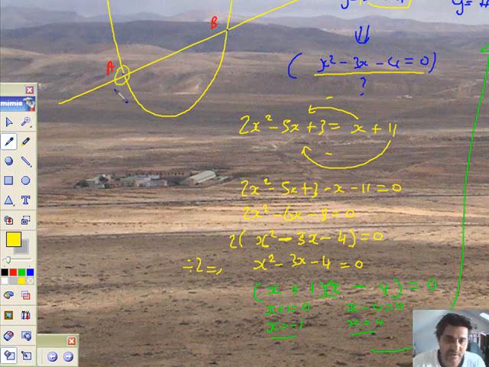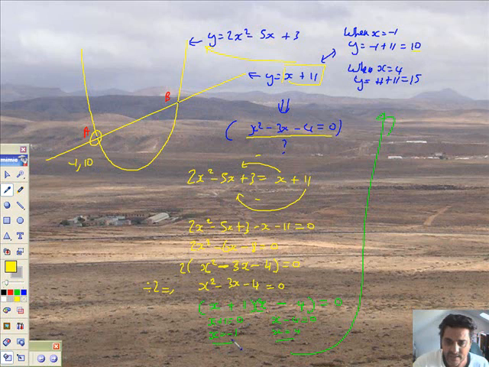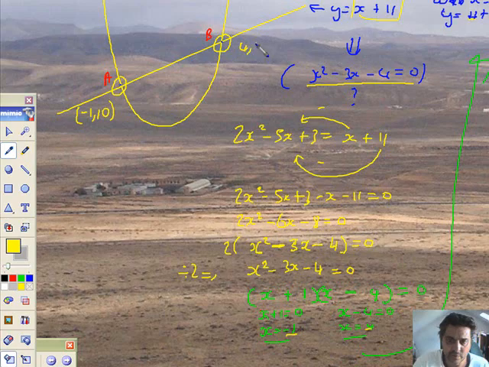So I'm going for that one is going to be minus 1, comma 10. Close it off. And this one's going to be 4 for x and 15. So I've combined the y of 15 and the x equals 4 there. So that's going to be 4, comma 15.